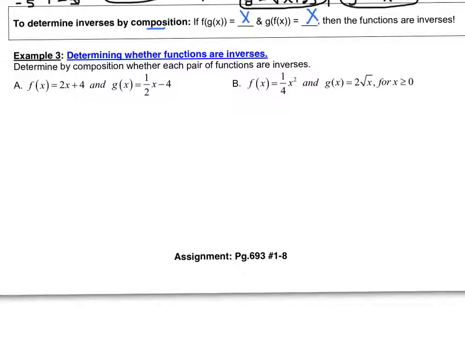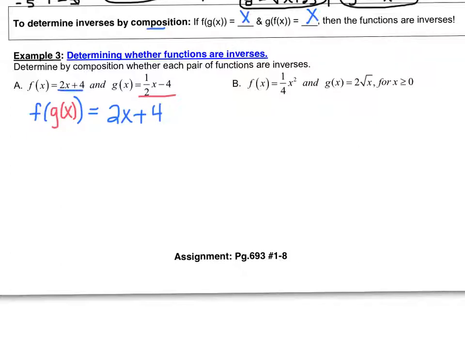So first let's do f of g of x. So what we're going to do is plug the g function, plug all of this into the f function. So the f function is 2x plus 4, right there.